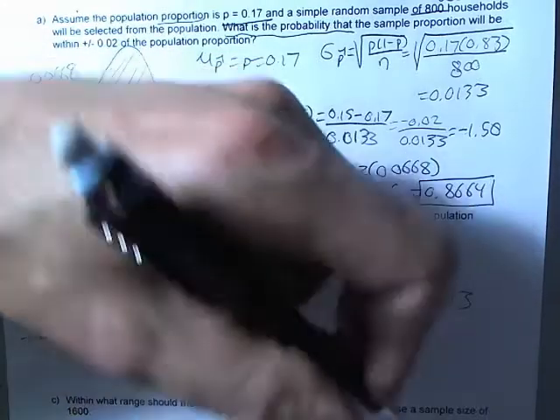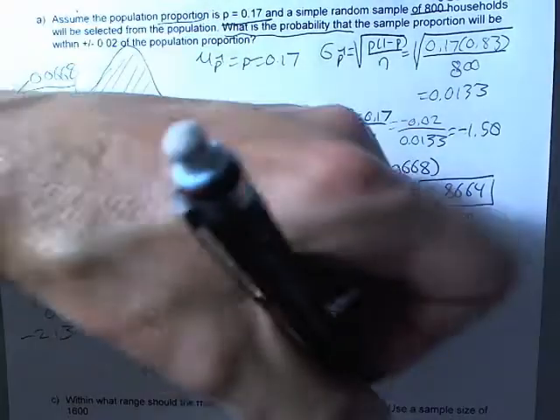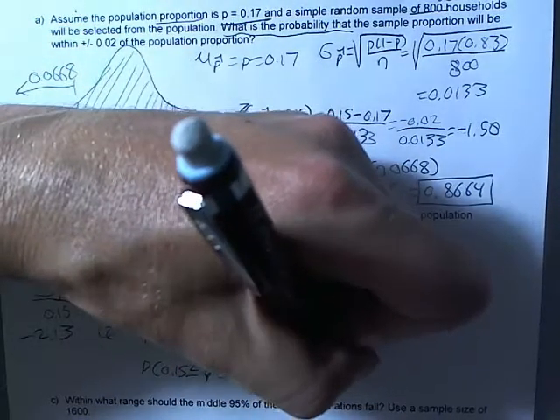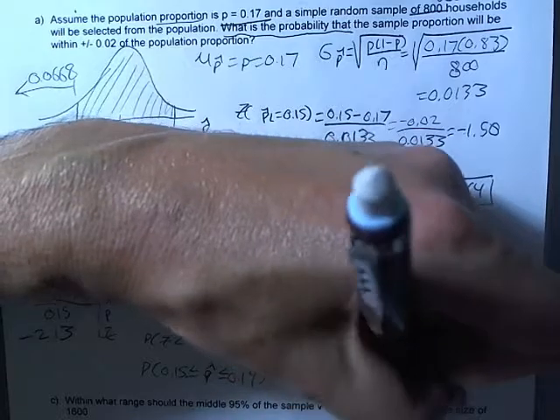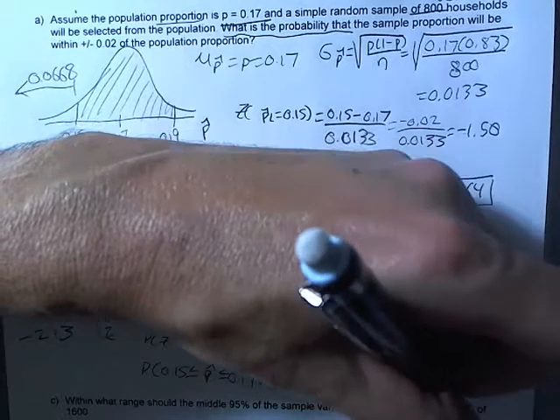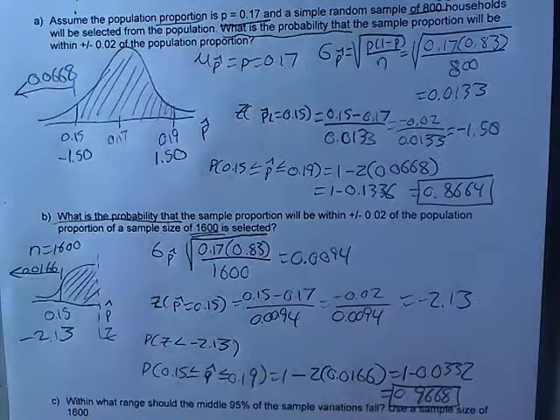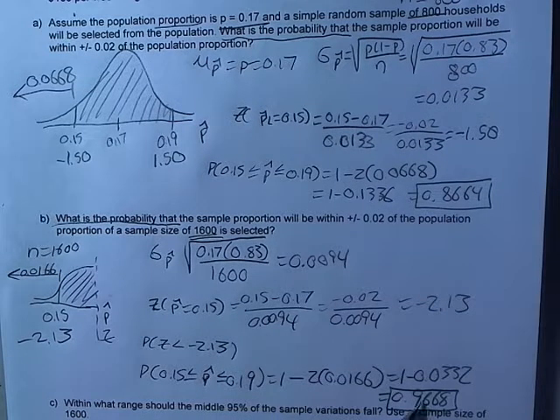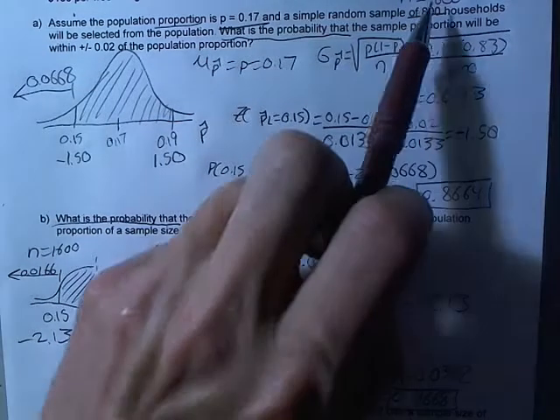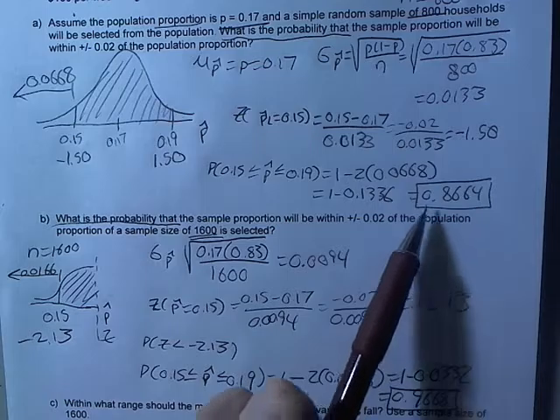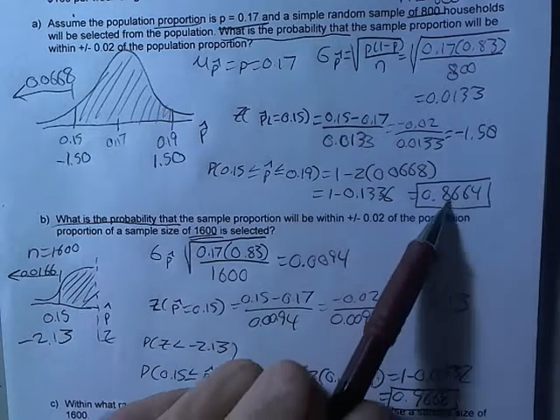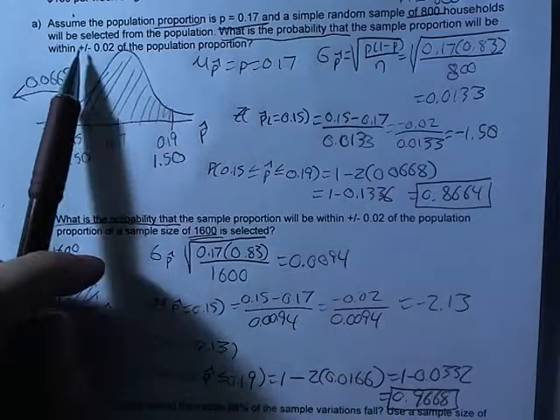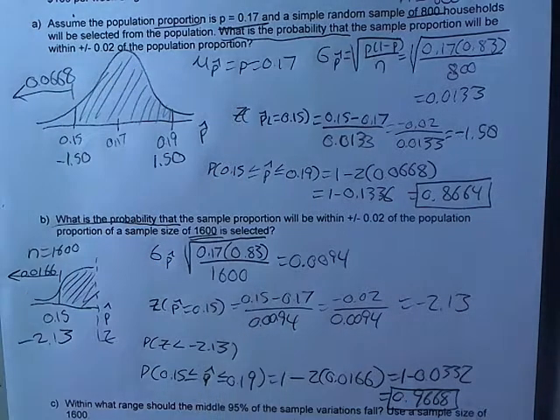So start with the whole 100%. We want to get rid of those two tail areas, each of which we know has this much area. So we'll simplify that, solve it, and we're going to come up with 96.68%. Contrasting this finding with part A, the sample size in part A, 800, gave us 86.64% of the population falling within that range.